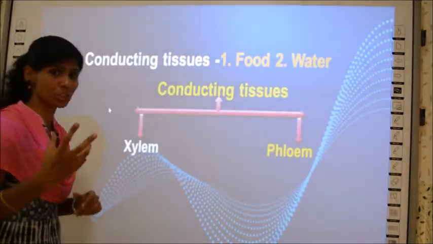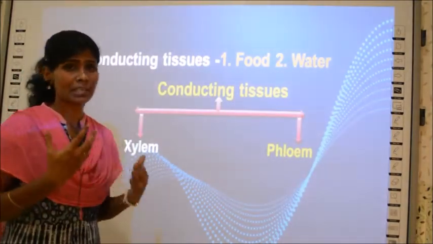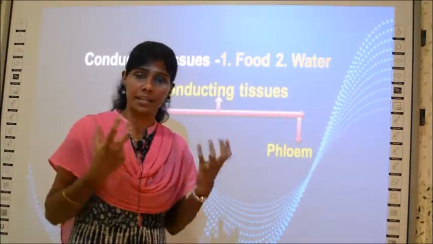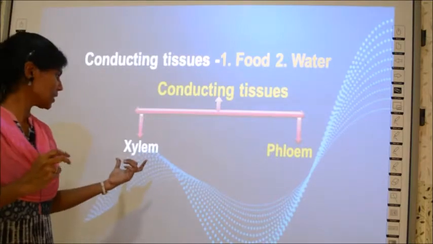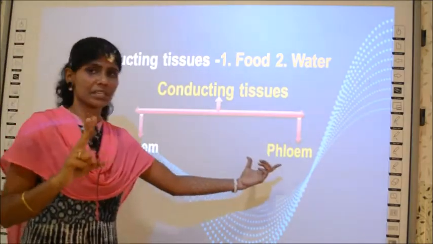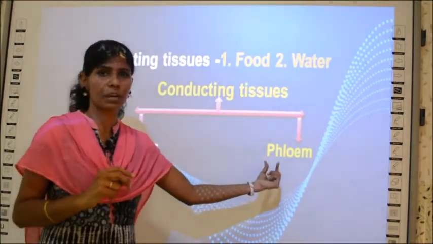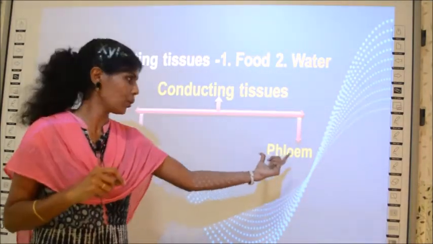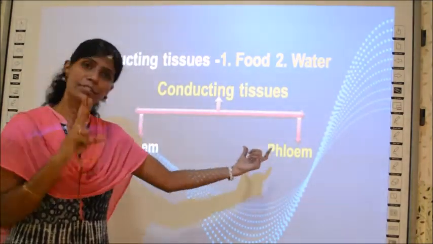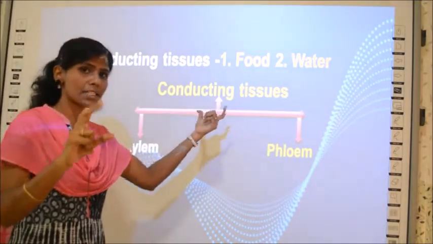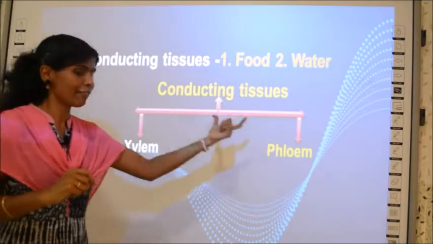So, conducting tissues include two parts, that is one xylem and second one is phloem. Here, ph should be pronounced as F. It is phloem. So, the two conducting tissues in plants are xylem and phloem.